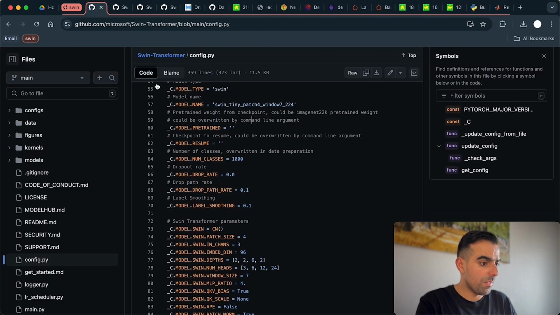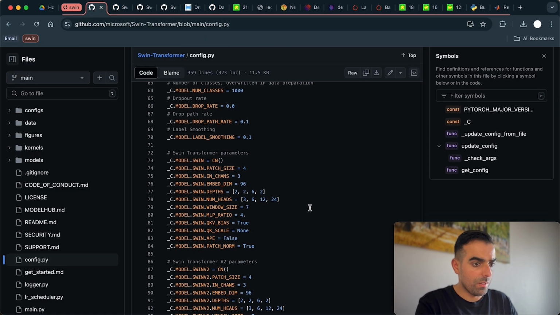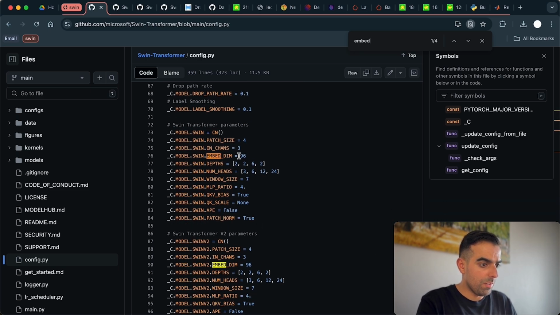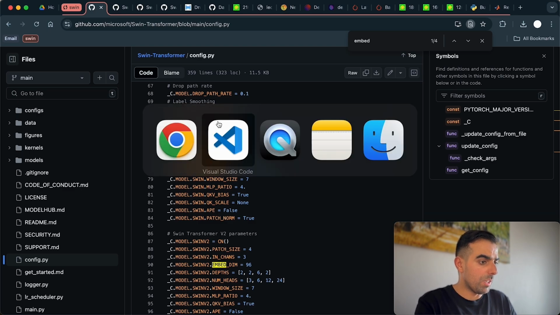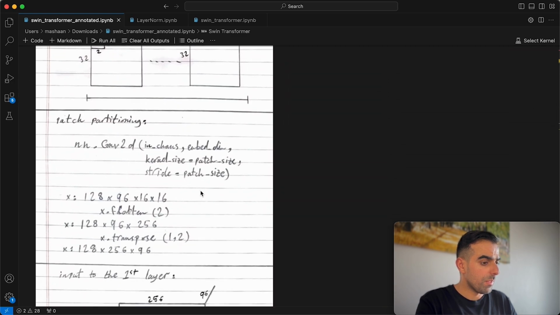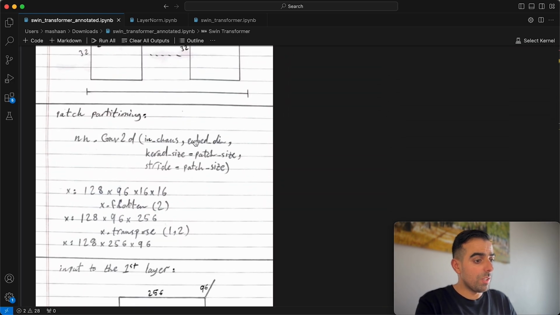Let's check. Yeah, the default embedding dimension is 96. I kept it the same. So the in channels is 3, the embedding dimension is 96, the kernel size is the patch size, which is 2, and the stride is the patch size, which is 2, because we want non-overlapping patches.